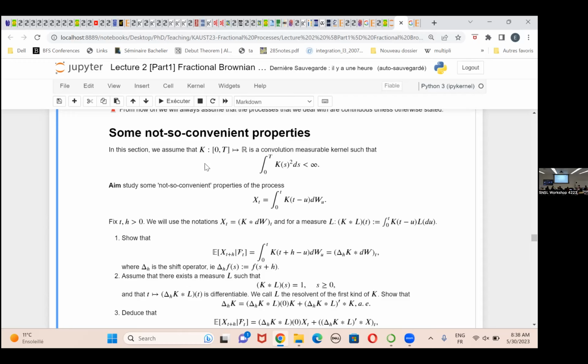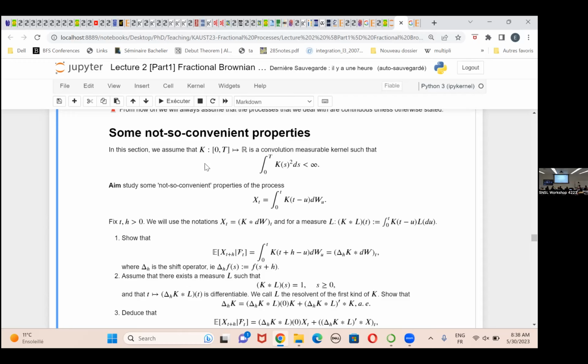The first thing we're going to do is compute the conditional expectation of this process. Why? Because you know that conditionally on F_t, X_{t+h} is Gaussian. This we already proved.